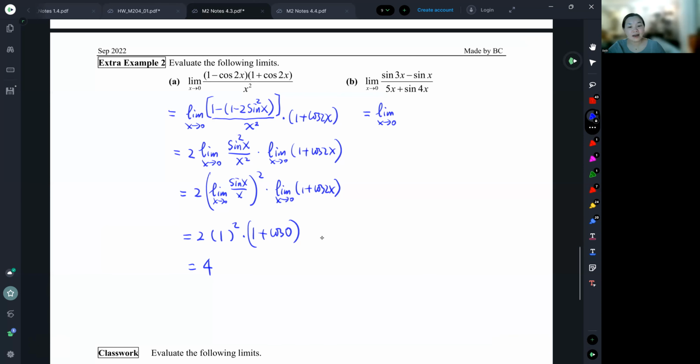But for 5x and sine 4x, the denominator, it's impossible. With 5x and sine 4x, there's no way you can really factorize it anyway. You cannot do double angle because one is polynomial and the other one is trigonometry, you know.